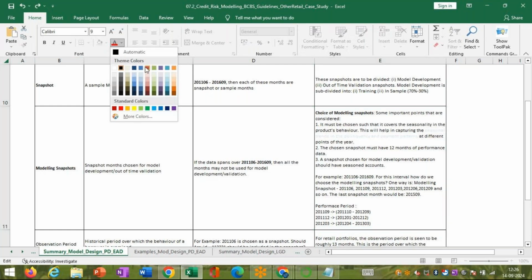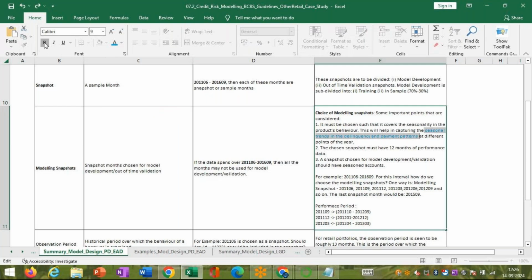So let me just check. Let me use this color. At different points of the year, right?